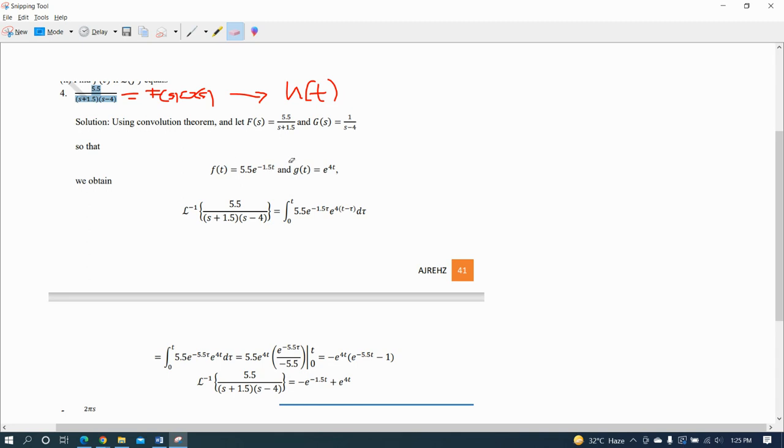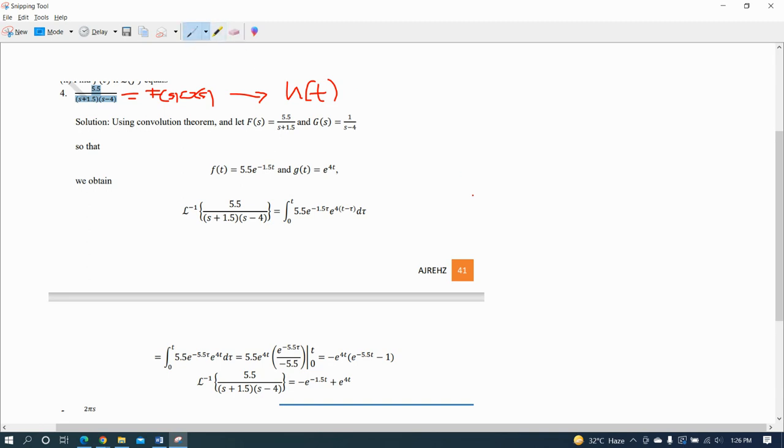So, after you determine f of s and g of s, determine f of t and g of t. And then after you determine f of t and g of t, you now get the inverse Laplace transform of the given function, which is equal to the integral of f of tau times g of t minus tau d tau.